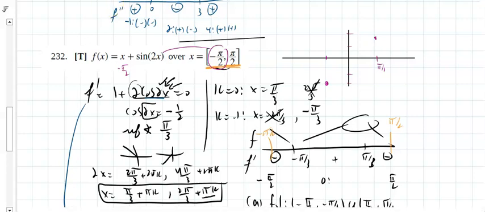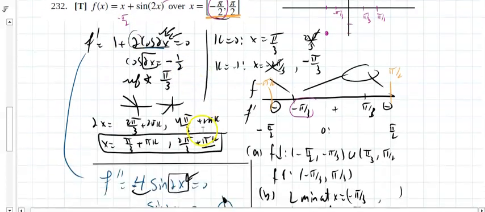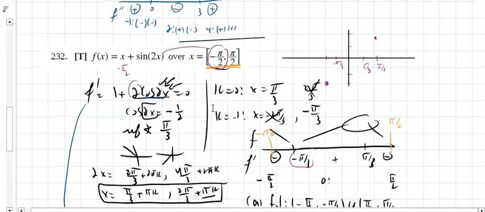We know that there is a minimum at negative pi over 3. Let's say that's negative pi over 3. We have a minimum and a maximum right there. And we could figure out exactly where that point happens if we really want to. If we plug in negative pi over 3, you could approximate what that is. That's negative pi over 3 plus the sine of negative 2 pi over 3.